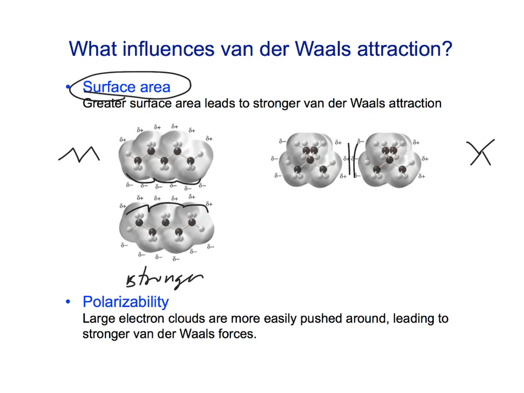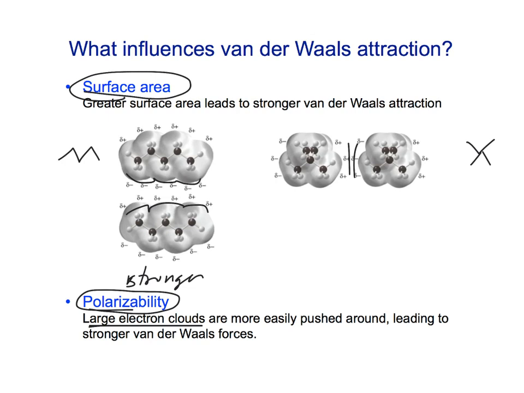Another thing that influences the van der Waals interactions is what we call the polarizability of different atoms. And the polarizability is how easily the electrons can be pushed around to create these temporary dipoles. If the electron clouds are very large, then we say that those clouds are more polarizable, and so that leads to stronger van der Waals forces.